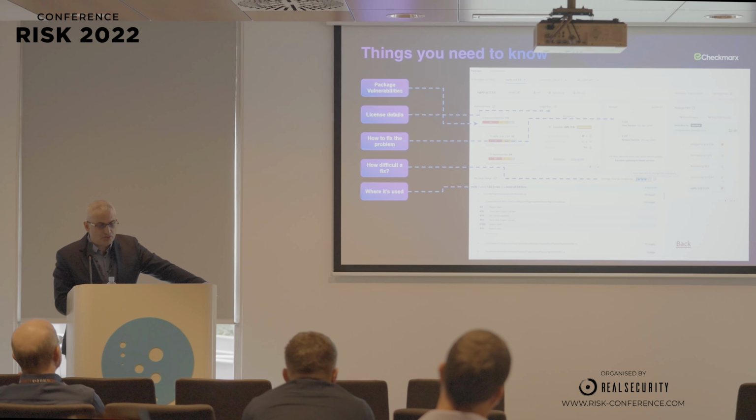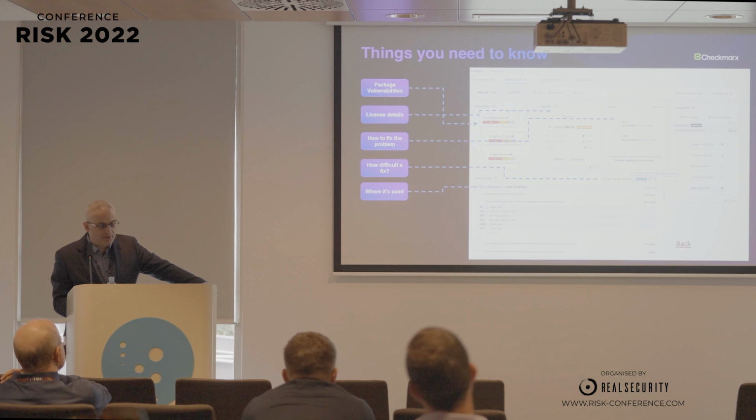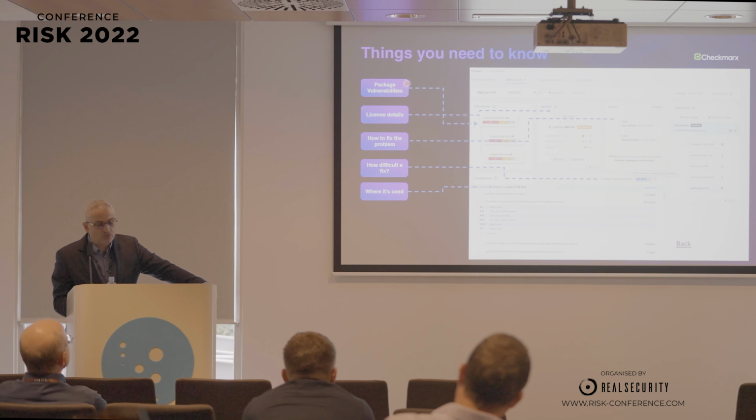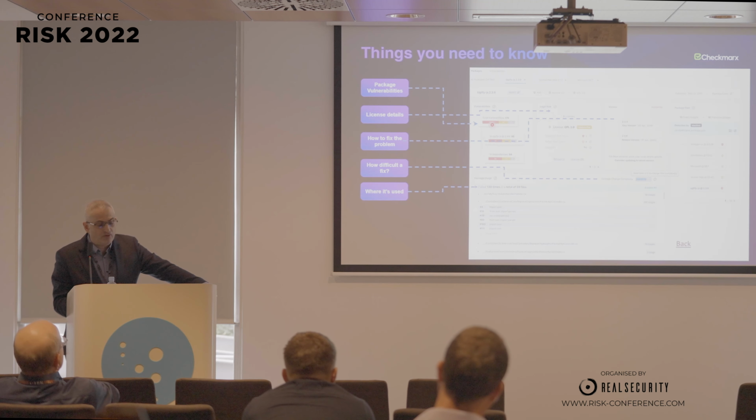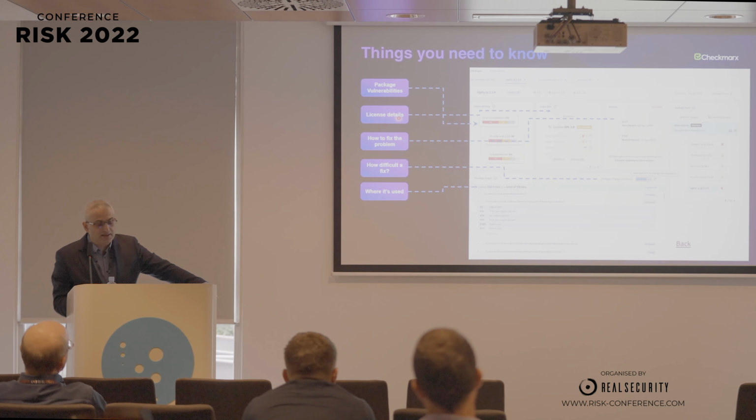And which information we should receive from these libraries is again very straightforward. We need to get the list of vulnerable packages. We should see license details for any particular package. We need to know how to fix the problem.